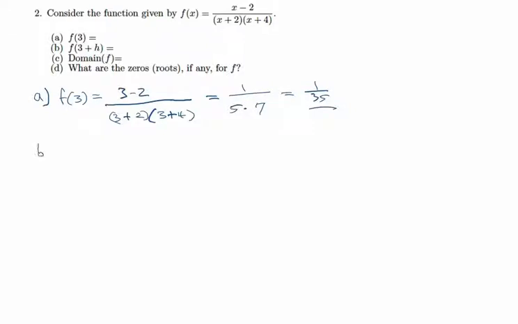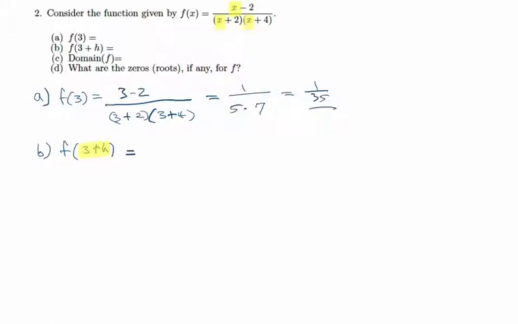Now part B, now the input quantity is 3 plus h. So we have to input this entire thing as a quantity for x. So if you look at the given function right here, instead of x, we have to replace x with 3 plus h. So 3 plus h is the entire quantity. So let me write it out.